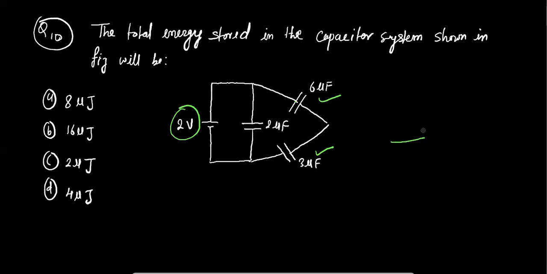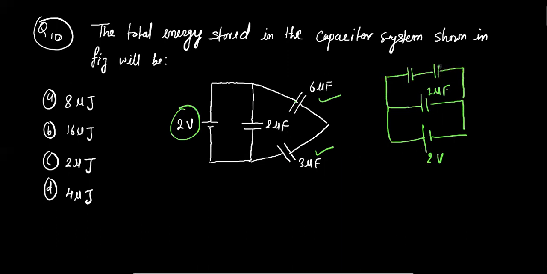So we can suppose this figure as this is the supplied potential, and this is a 2 microfarad capacitor here, and 6 microfarad which is in series with 3 microfarad.